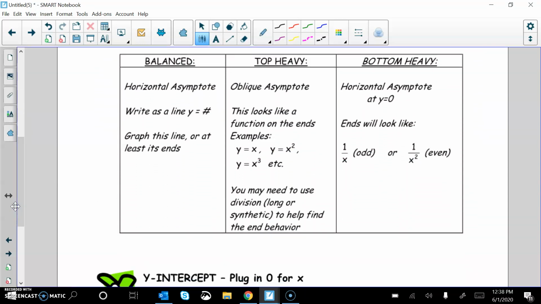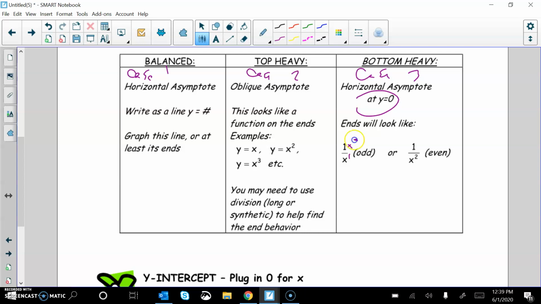All right, for this section, there's going to be 3 cases. So, case 1, case 2, case 3. All right, I'm going to start with case 3 first. Bottom heavy. If your denominator has a greater degree than your numerator, you'll have a horizontal asymptote at y equal to 0, the x-axis.